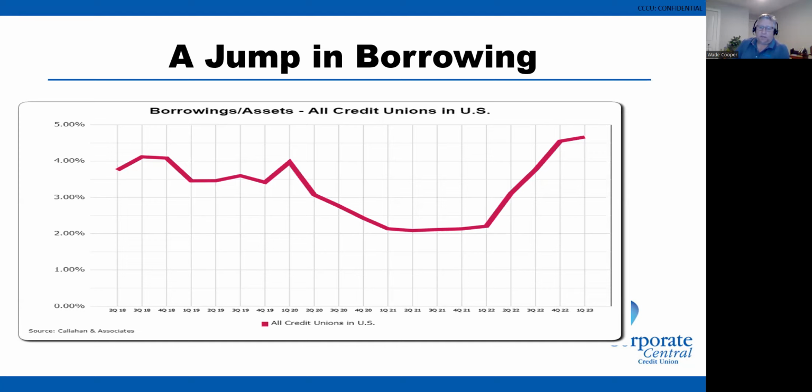And again, we get these calls quite often about revisiting their line of credit and extending it if they can. So that's again the effect of what's going on in the larger market affecting what's going on here. And also the rates are higher to borrow. So that's going to have an effect on this line and this number. As the rates go up for borrowings, of course, the amount of borrowings to assets is going to go up.